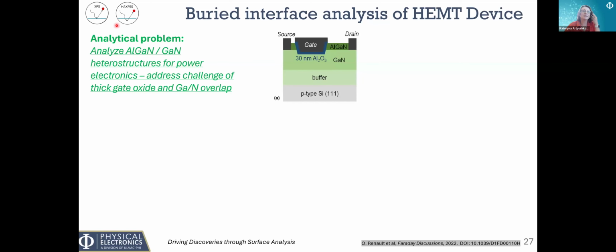So in the first example, we have a combination of XPS and HAXPES for a HEMT device. The analytical challenge was to analyze aluminum gallium nitride on top of gallium nitride. And the challenge analytically is to be able to use XPS for this task.